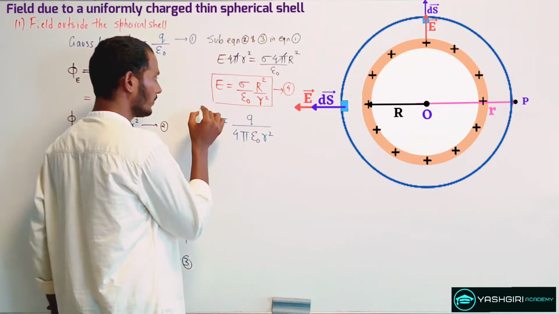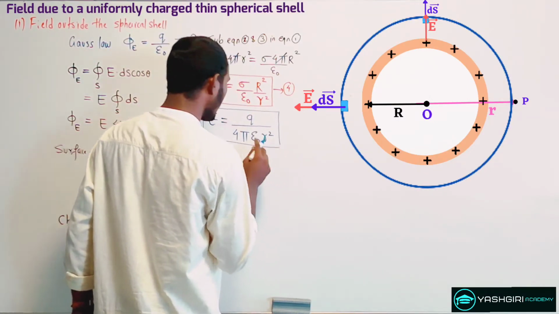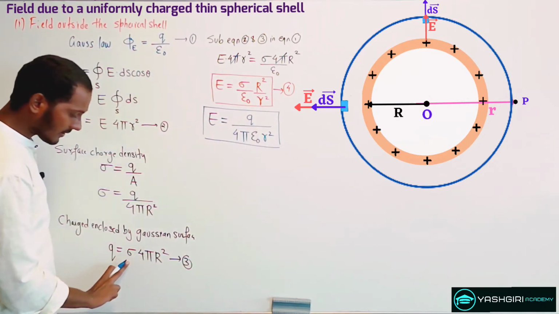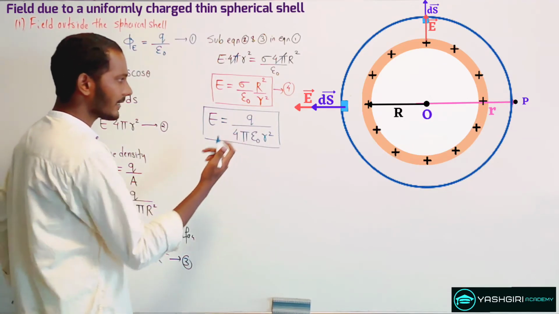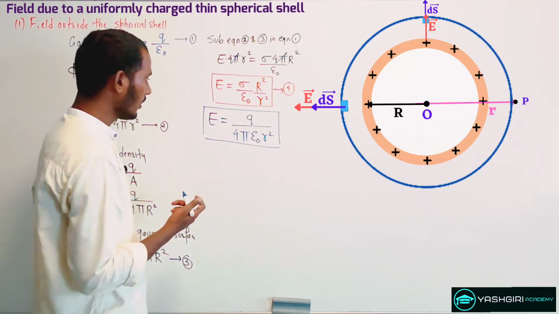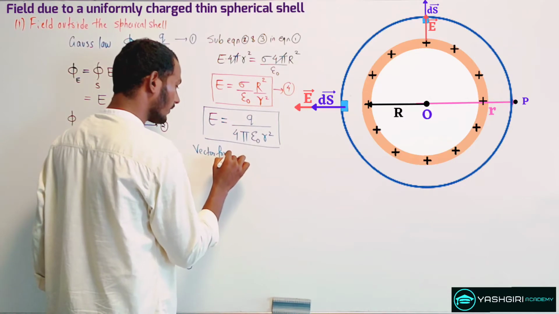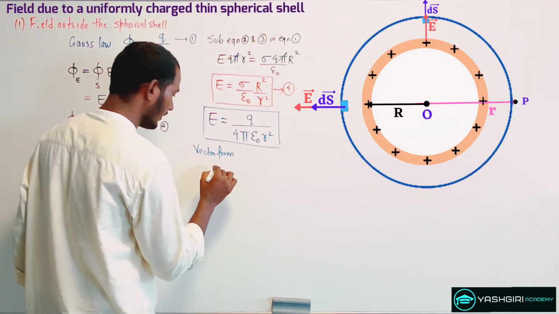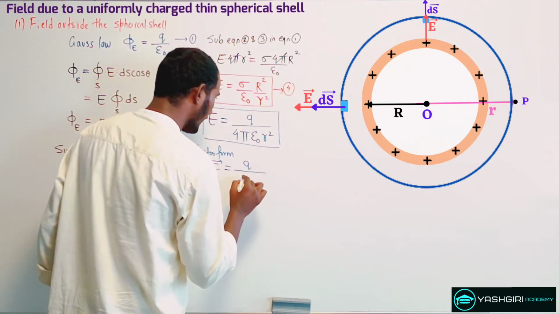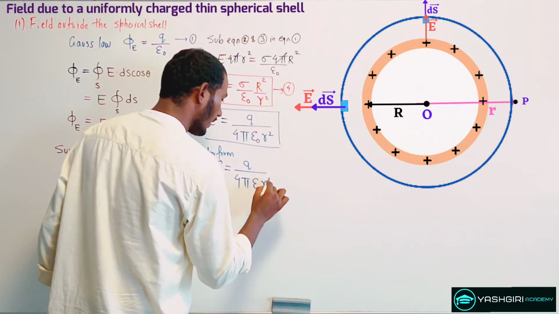So this is the magnitude of the electric field. Again an important point to note, this q is nothing but sigma 4 pi R square. And if you want to write it in vector form, the vector form of the same expression is electric field vector E equal to q by 4 pi epsilon naught into r square.